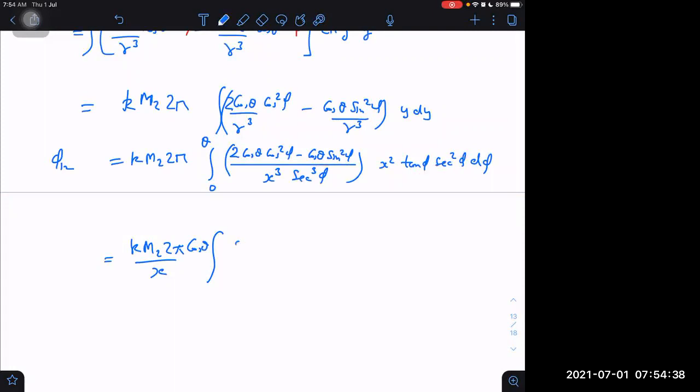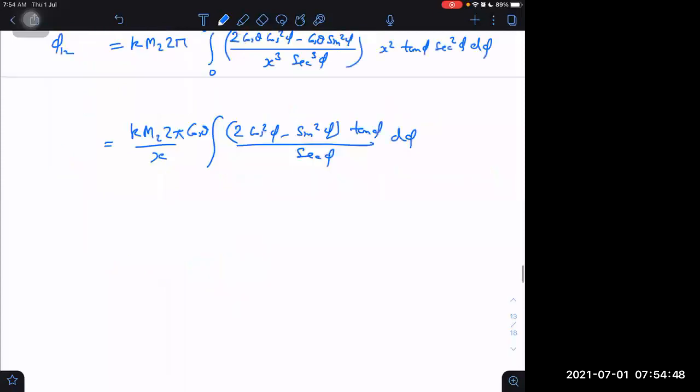Then we are left with 2 cos square phi minus sin square phi whole into tan phi divided by secant phi d phi. Tan phi is sin phi upon cos phi, and cos phi will cancel, so it will be sin phi finally. So we have 2 cos square phi minus sin square phi into sin phi d phi.